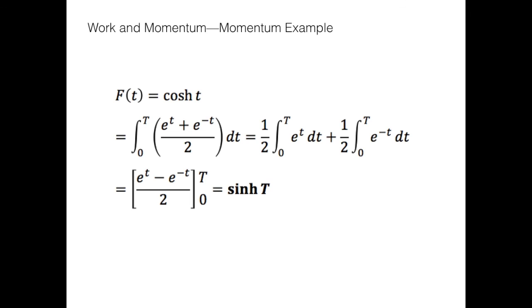But before we proceed, we should note that this quantity e to the t minus e to the negative t over 2 is actually our alternate representation for sine hyperbolic. So really, this becomes sine hyperbolic t from 0 to t, or just simply sine hyperbolic t.